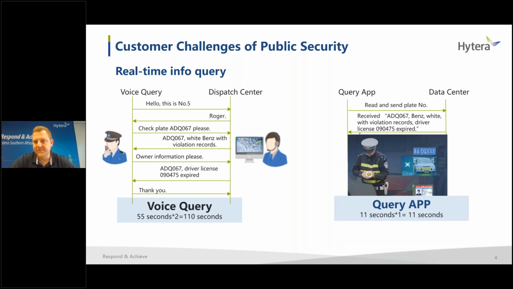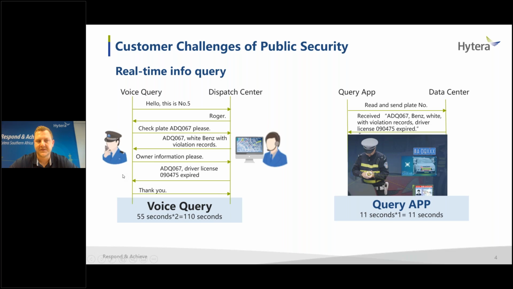Whereas if you have a multi-mode device, you could actually take a picture of that number plate. And if you have some intelligence, like number plate recognition software in the background, which is connected to a database, you can interrogate that number plate, see immediately on the system if it's expired or still valid, and respond back to the device, which takes about 11 seconds. So you can see there's a lot more efficiency in this way versus doing it verbally, because you would have to give the information verbally, and there are also much more chances of mistakes being made.